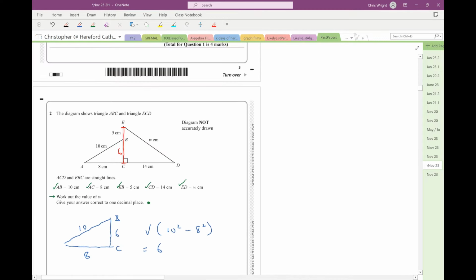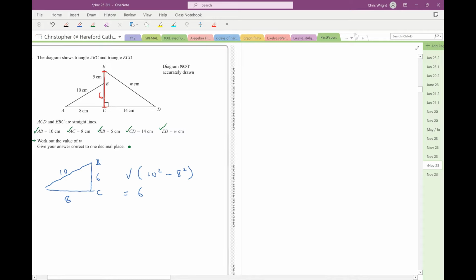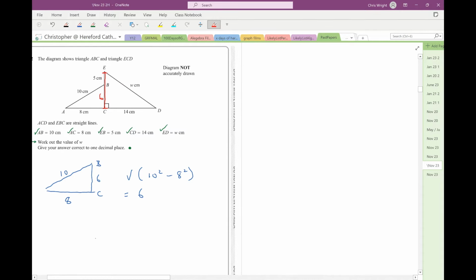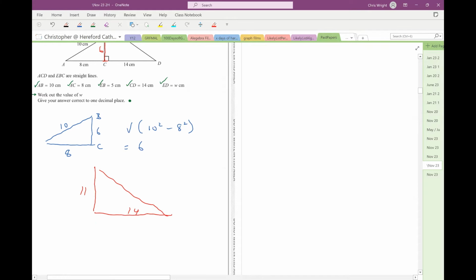So now I can be looking at the right-hand triangle. I've got E down to C, which is 11. Along to there is 14. And W is the hypotenuse there, isn't it? So W is going to be the square root of, and this time I'm going to add the squares of those side lengths, because this time I'm finding the hypotenuse.